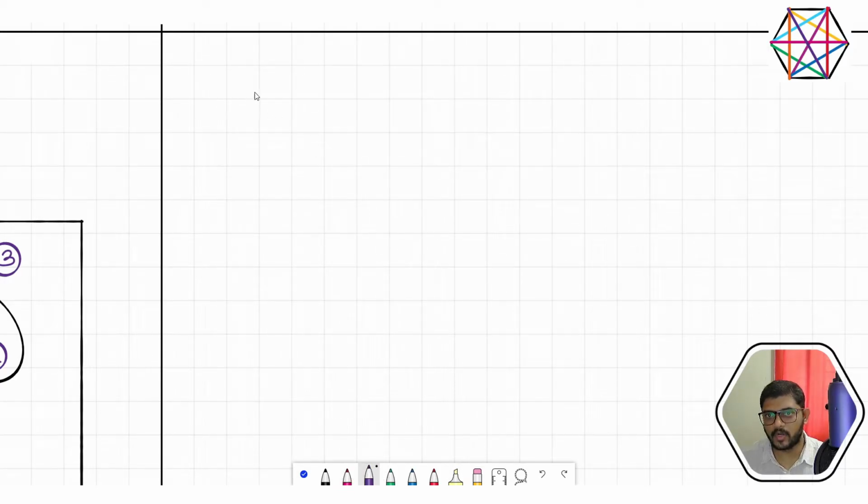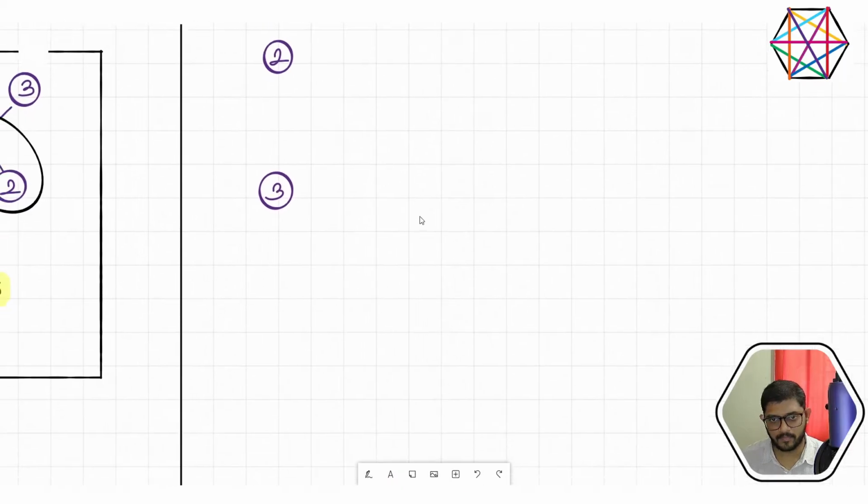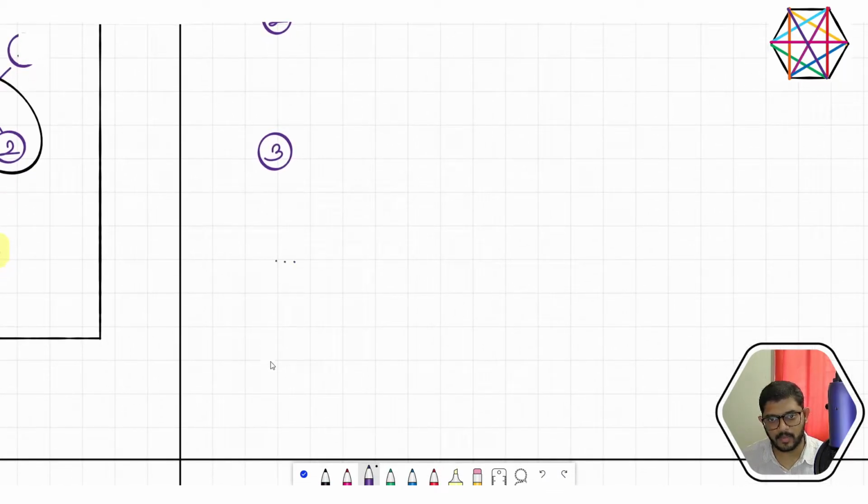Now, how many different options do we have for the root node? The root node can be 1, or the root node can be 2, or the root node can be 3. It goes on up to the root node can be n, right?